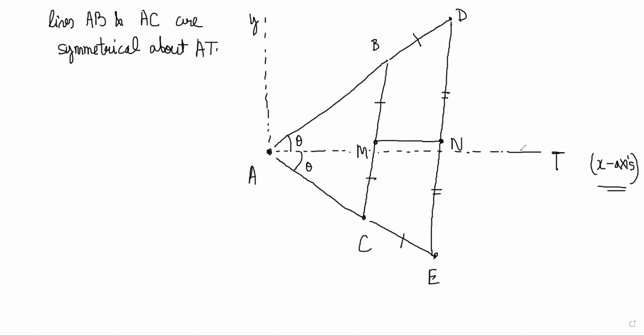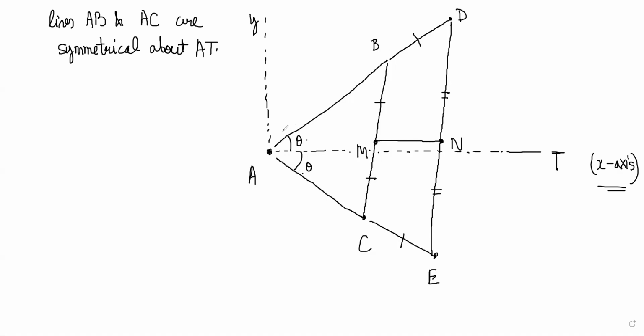Because if the bisector is the x-axis, then the slope of the line AB and the slope of the line AC are equal but have opposite signs, because this angle theta and this angle theta are the same. So line AB will have slope tan theta, and the slope for AC will be minus tan theta, correct? So we say this angle is theta.